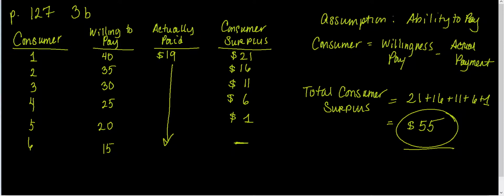So then the $55 is how much more they could have made that day if everybody who paid for a computer game had actually paid up to what they were willing to pay. Okay, so that's the idea of the consumer surplus.